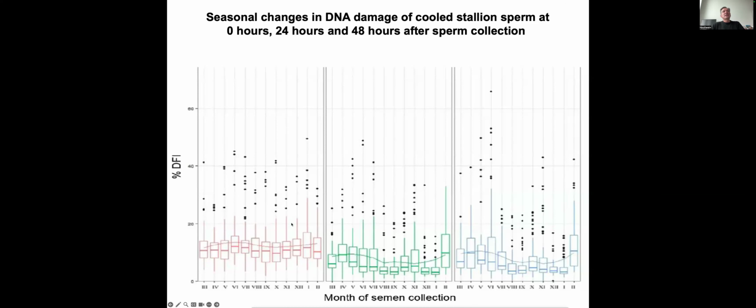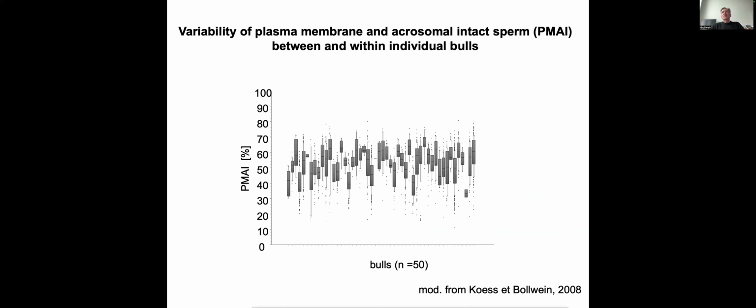If you look at the points here, these are values from different sperm samples at 0 hours, 24 hours, and 48 hours. You see the variability between animals was very high in stallions, but we can see this also in bulls.